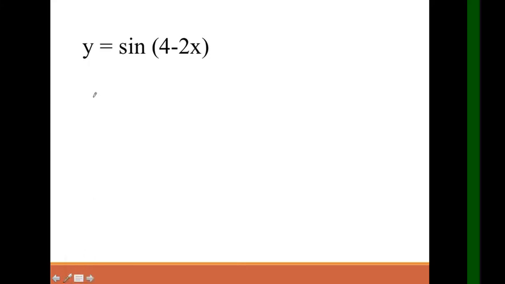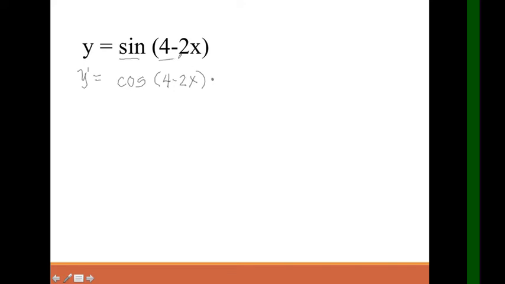Ayan. So we have, what is the derivative of sine? That is cosine. Okay, and then we will just copy the 4 minus 2x, kagaya ng ginawa natin kay 3x kanina dun sa first example natin.